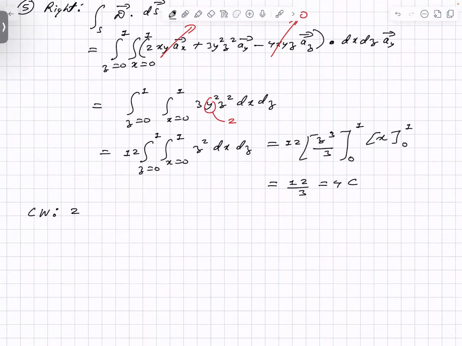Not 2. 3 is the top surface, which I already did. And then 4 is the bottom surface. So right now you can try the bottom surface and find the answer to that. Just save your answer. Don't enter the answers yet. We'll do that at the end of the class. Just try to see what you get for the bottom surface.